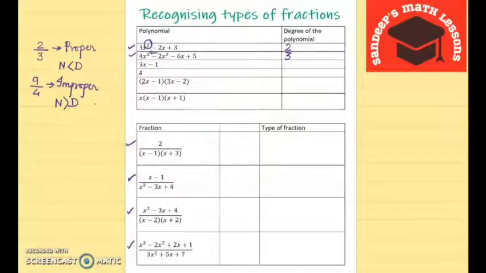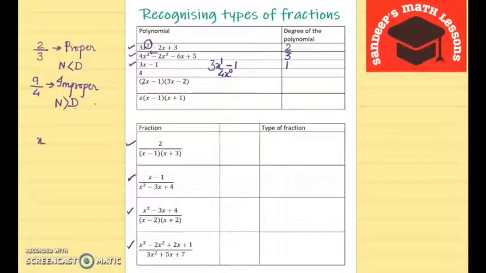When we say 3x minus 1, 3x can be thought of as 3x raised to the power 1, isn't it? So the degree of the polynomial 3x minus 1 is 1. When we say 4, 4 means 4x raised to the power 0 because there is no x.